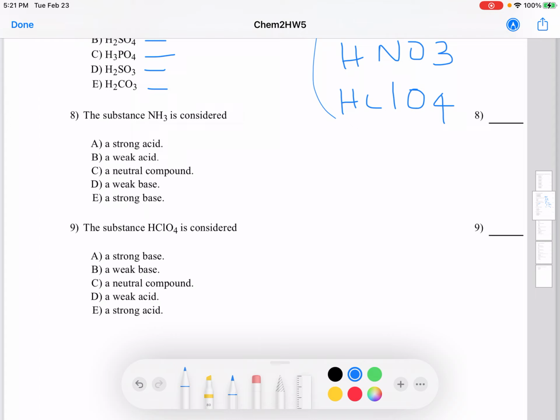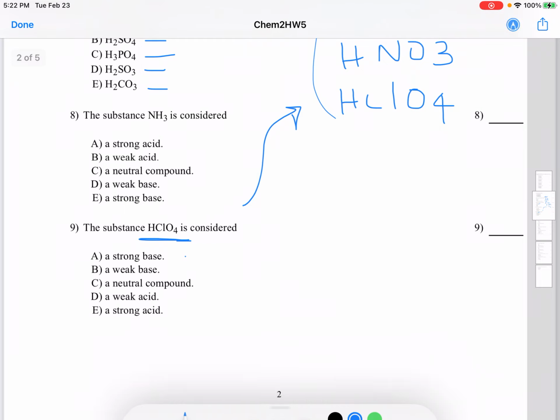Substance HClO4. What is HClO4 considered? Do you have HClO4 in our list here? Is it an acid, base, weak acid, neutral, a strong acid? Again, while looking up the list, you can figure that one out too.